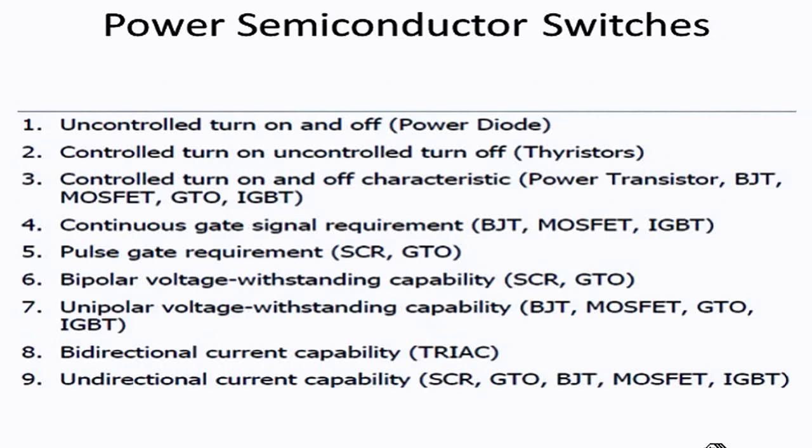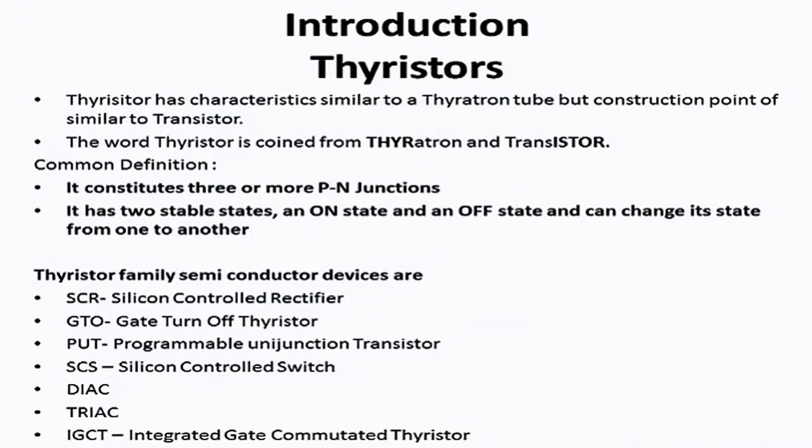And similarly, based upon current direction, it is classified into 2 types: bidirectional current capability, unidirectional current capability. Corresponding examples are given as we are seeing in slides: triac, SCR, GTO, BJT, MOSFET, IGBT. Next we will see about thyristor.